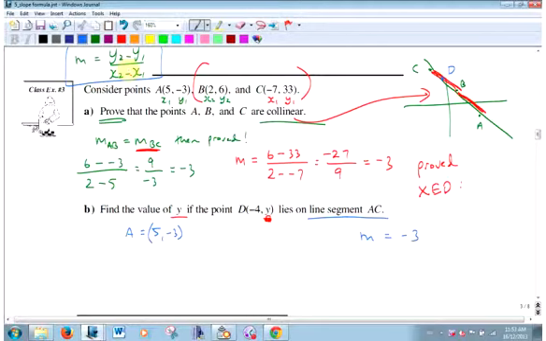Okay? I know the slope is minus 3. Okay? Let's call this x1, y1, x2, y2. So this is y2 minus y1. y2 is y, don't know what it is, minus y1 is minus 3 over x2 minus x1.